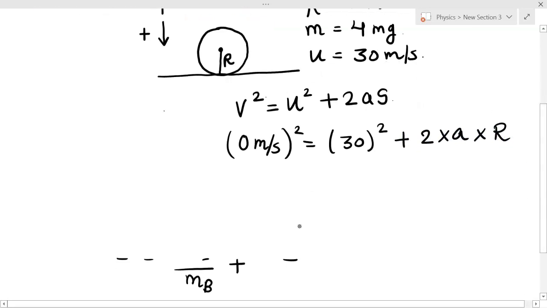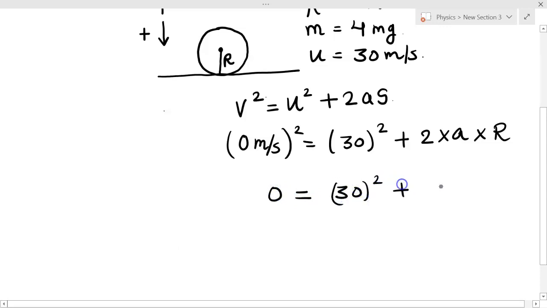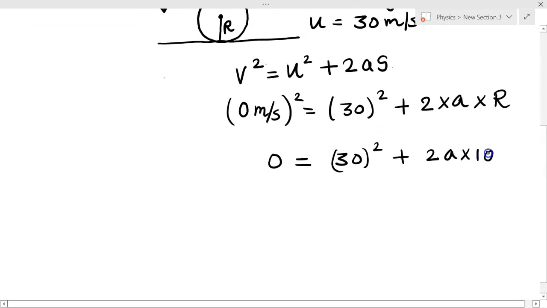So r is 1 mm. So 0 equals 30 square plus 2a into r. r is 1 mm, and 1 mm is nothing but 10 to the power minus 3 meter.